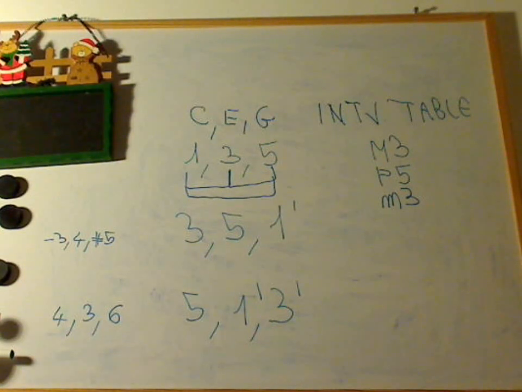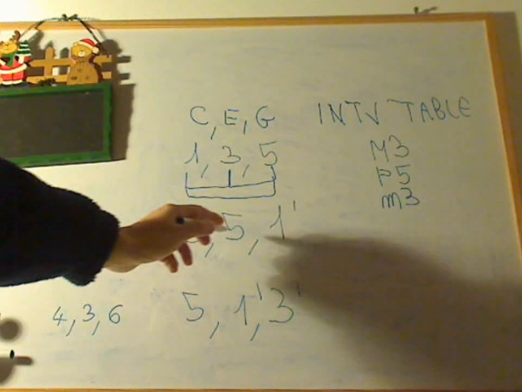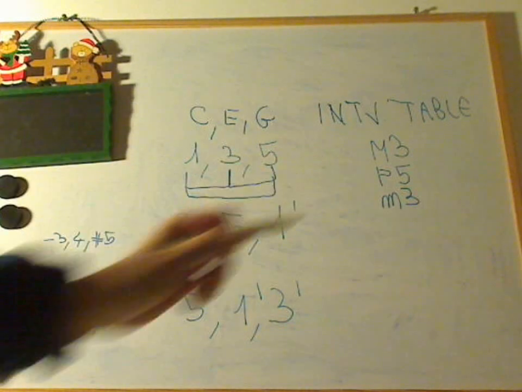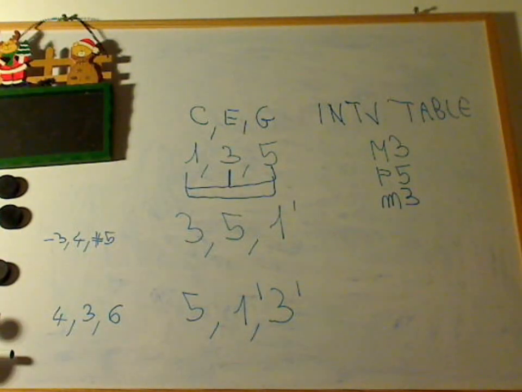And analyze if there are new intervals created. Between the 3 and 5 I have still a minor third that I have listed, so I don't add this interval because I have just added one earlier.